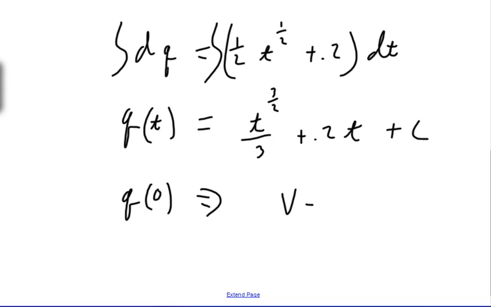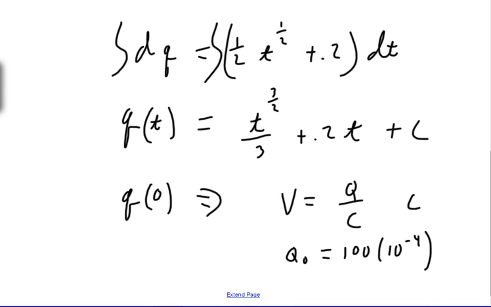The voltage across the capacitor is Q over C, so Q at 0 is 100 volts times the capacitance, 10 to the minus 4.